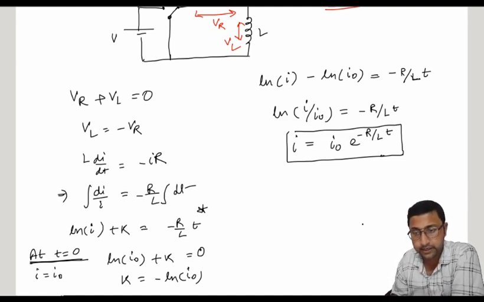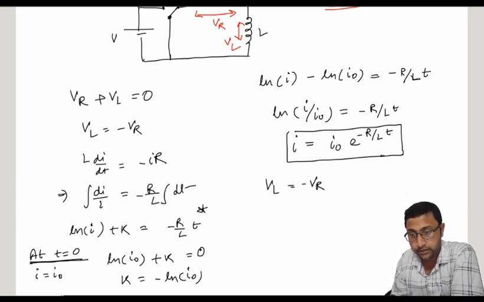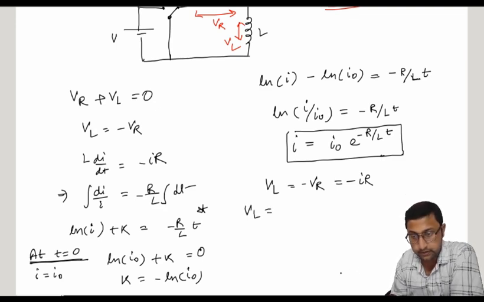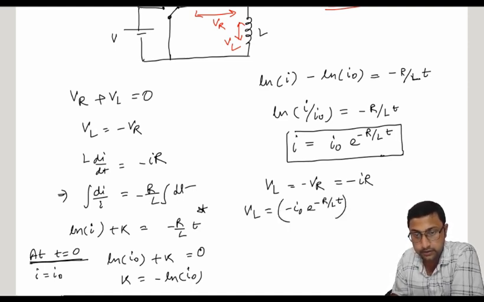Again we can write that VL equal to minus VR, so putting the value, that is equal to minus I into R. So VL will be minus I0 e to the power minus R by L into t into R. So that means VL will be minus V, since I into R means V. So minus V e to the power minus R by L into t.